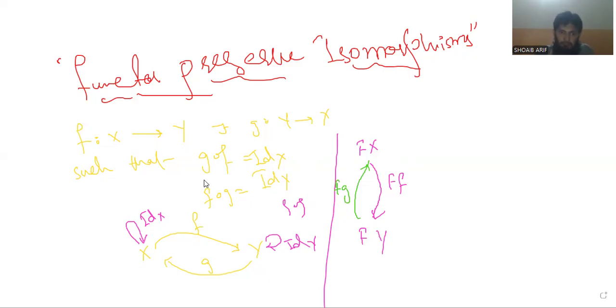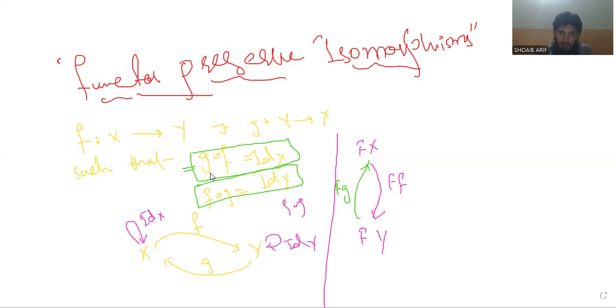According to the definition of isomorphism, f is an isomorphism, so these two conditions should hold: g of f is equal to id on X and f of g is equal to id on Y.